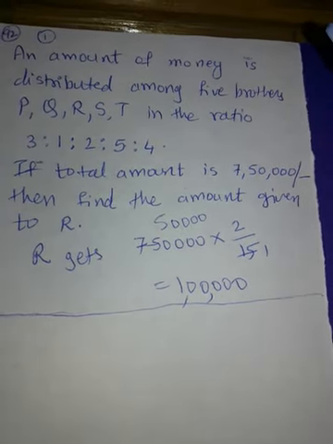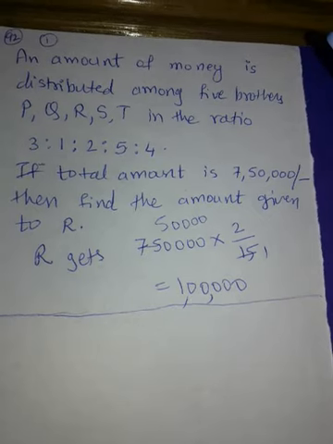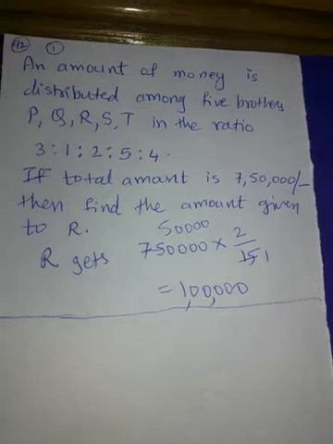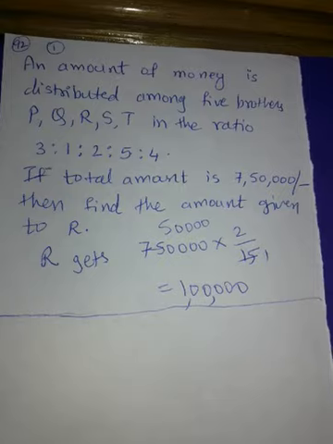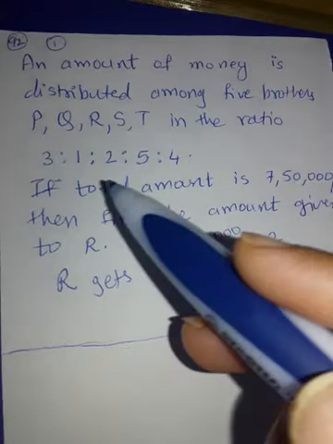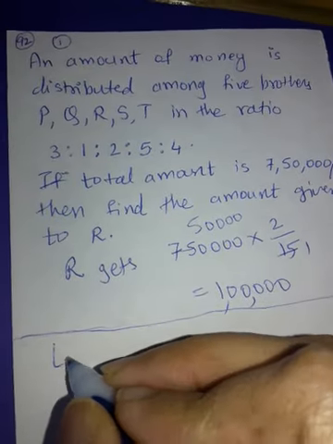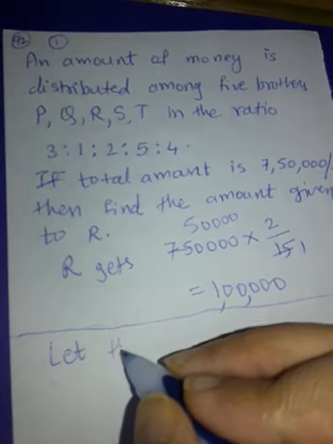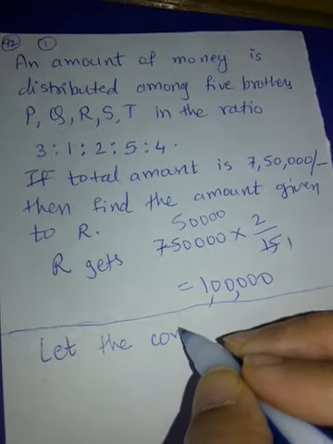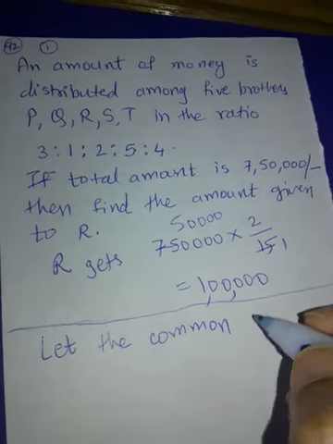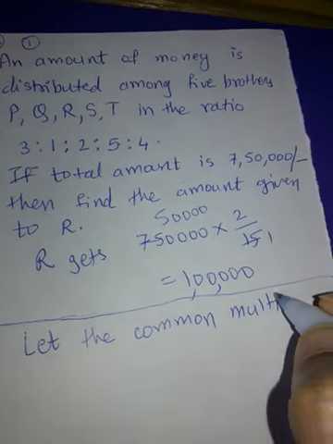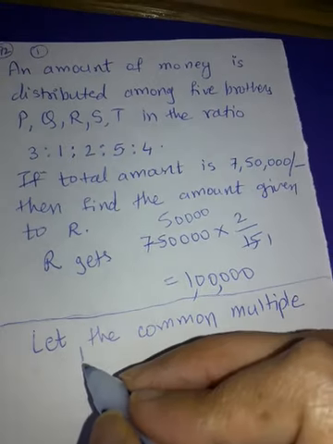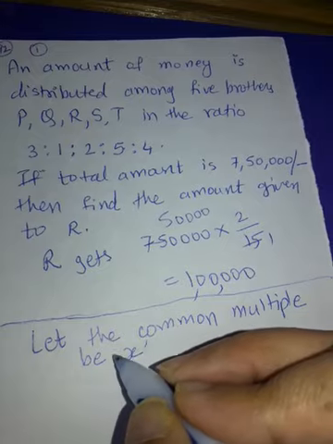As I said, I can multiply or divide by the same number to keep the ratio equivalent, isn't it? So how we can solve this? We can assume, let the common multiple be X.